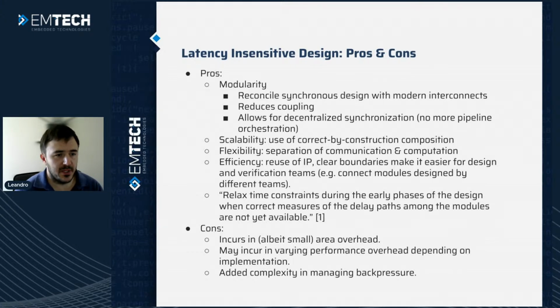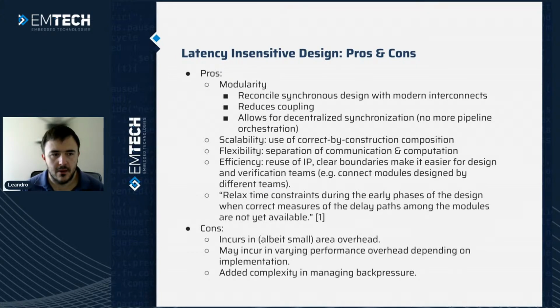And pretty much the conclusion from the first paper is that beyond achieving a way to insert pipelines and close the combinatorial paths, you can also relax the timing constraints during the early phases of the design.